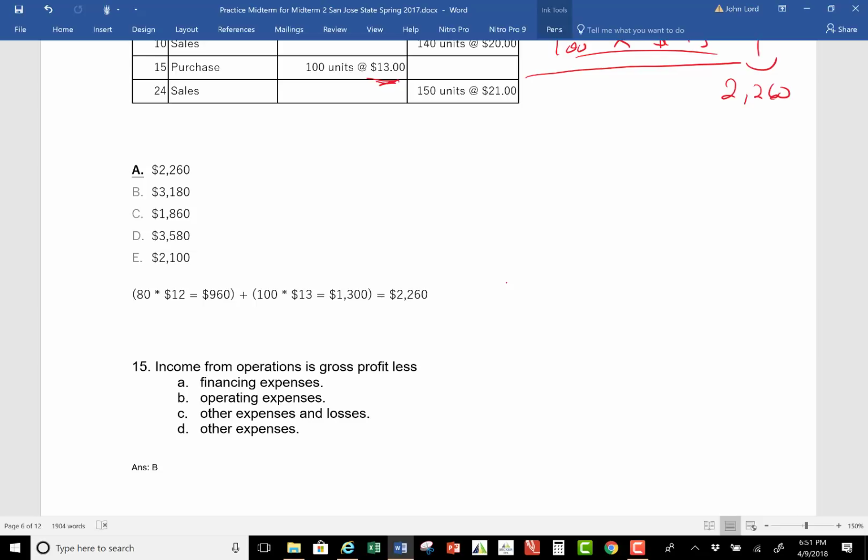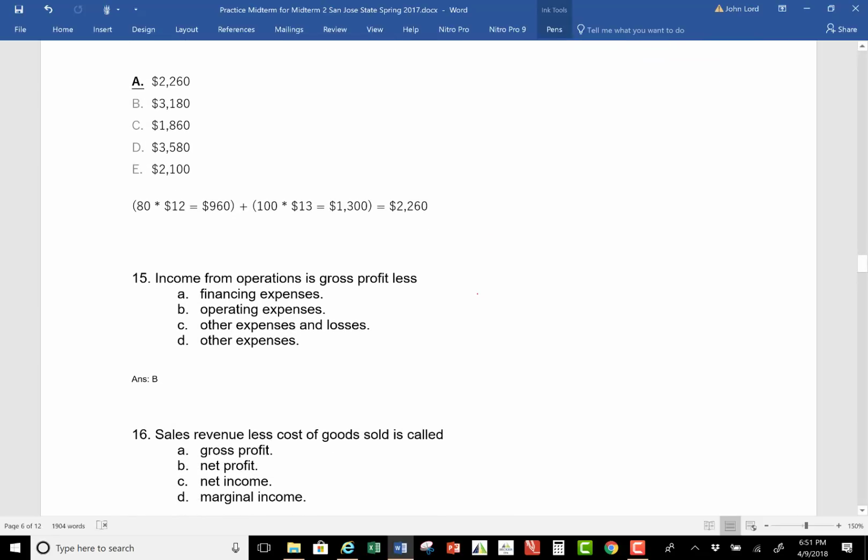Okay. All right, guys. Number 15. Income from operations is gross profit less. Now, what this is testing you on, this is chapter 4, and this is testing you on the multiple step income statement, right? So let's just remember the multiple step income statement. We have sales minus what?